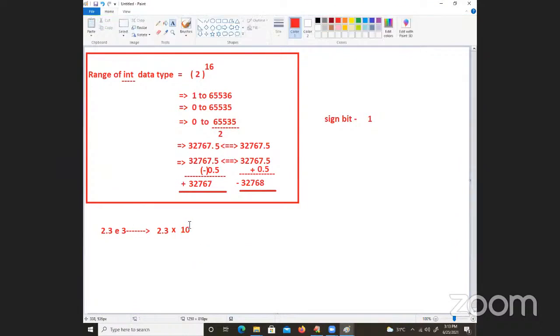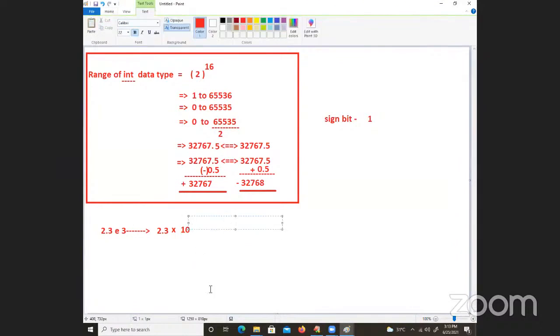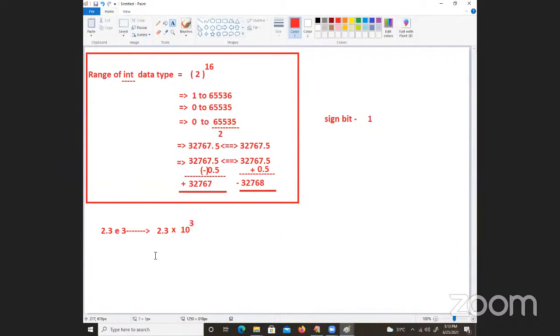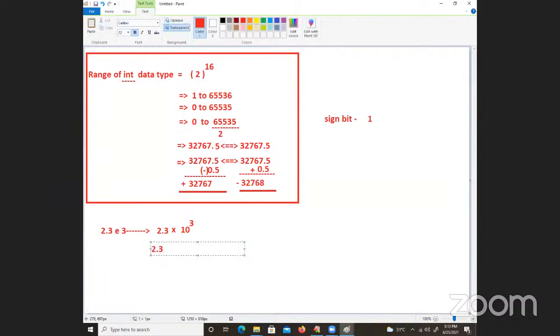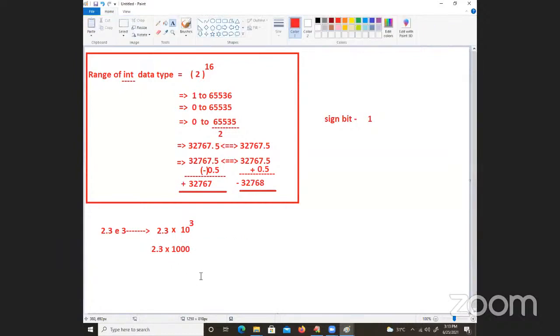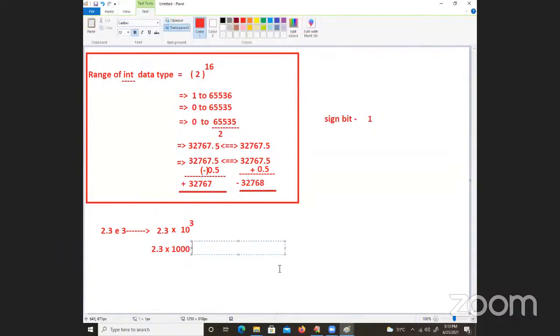So the value is 2.3 into 1000. What will it become? It has three zeros, so it becomes 2300.0, with the decimal point kept. Are you able to understand?